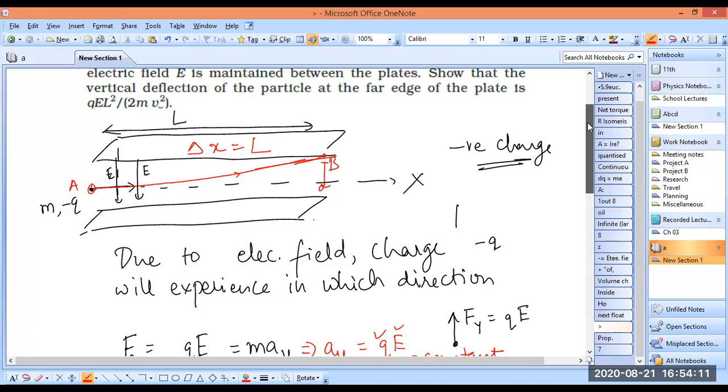In that case, this might move in a weird manner. So you need to know how exactly the electric field varies or changes with place. So it is important that you have been given some kind of relation. Otherwise, you can't really predict. So then it would not be a parabola. It might be some weird shape.